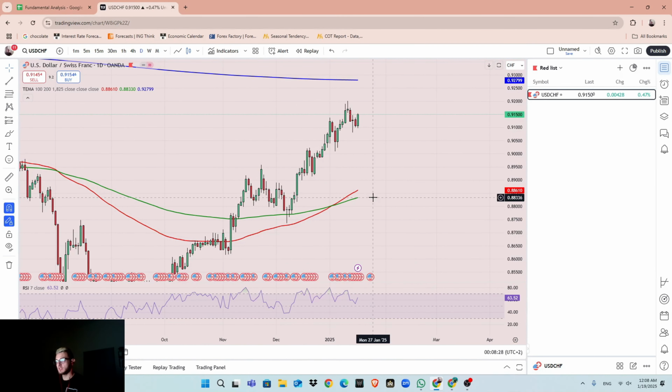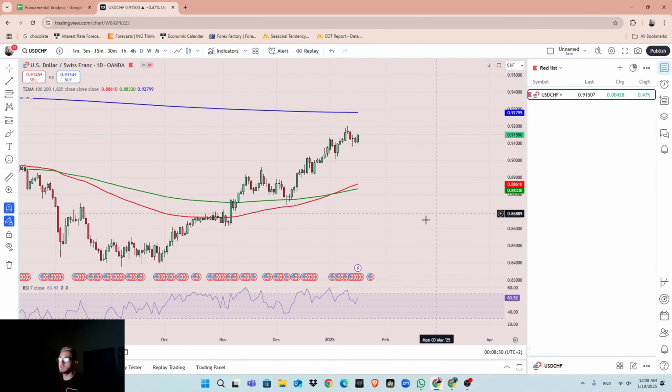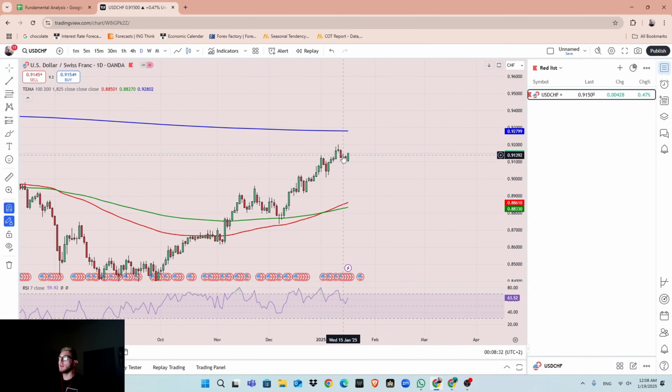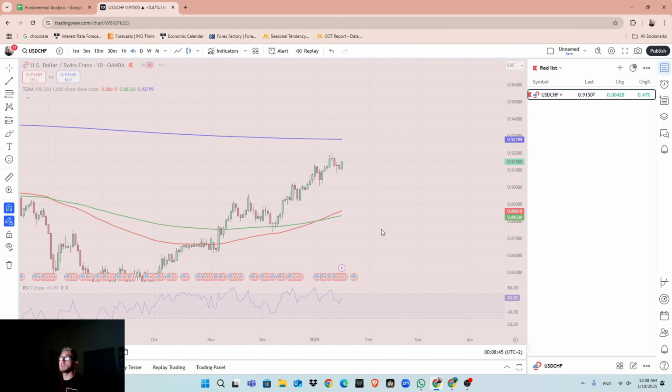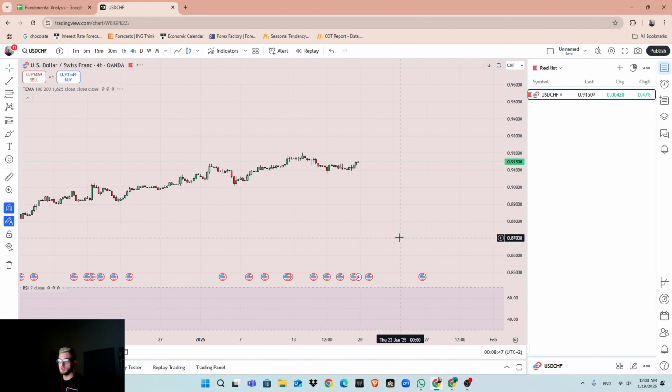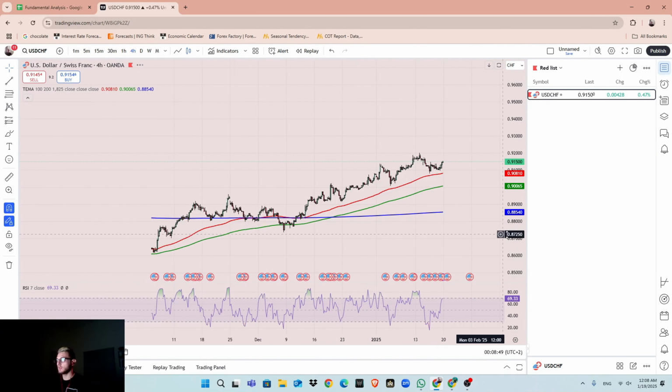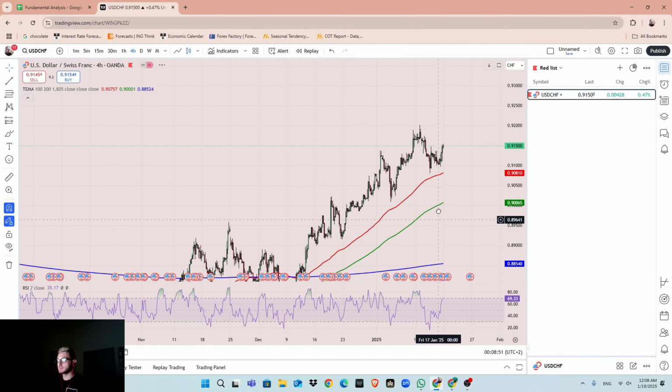I will wait for a retracement and take a bullish scenario. And every time there is a break of structure, I will wait for a retracement into the averages and into the condition that the RSI is oversold on the daily or the 4-hour time frame. It depends on the data that is coming.